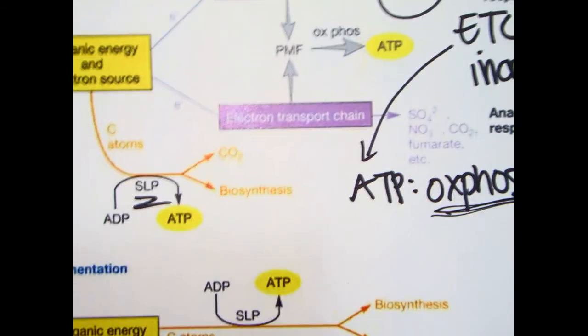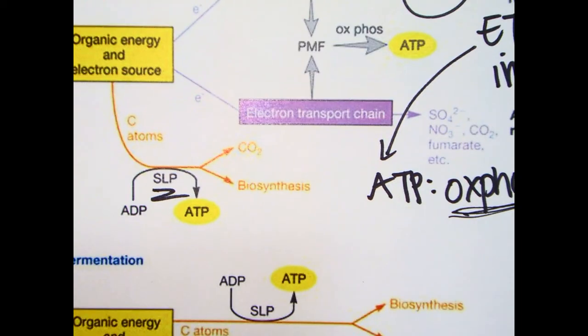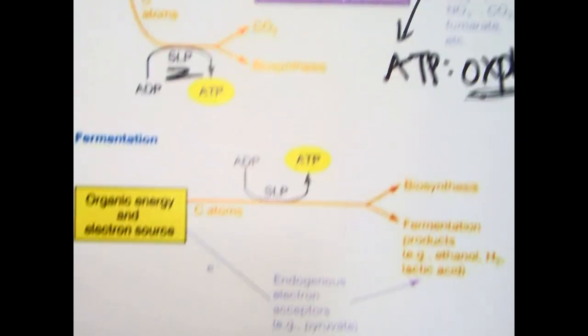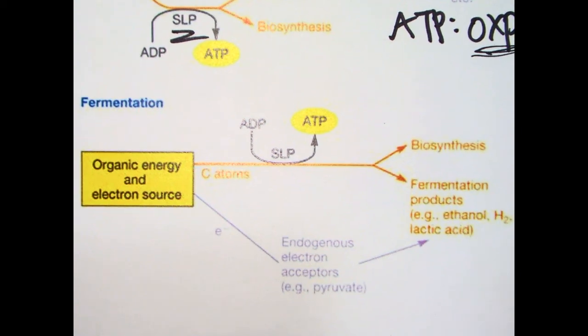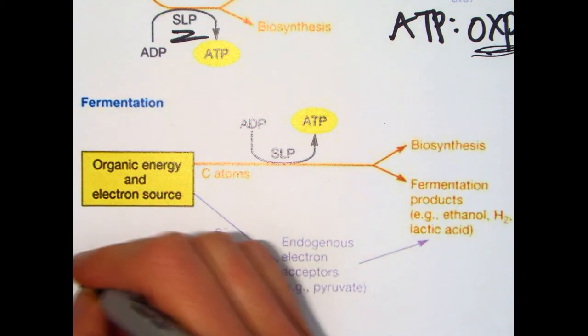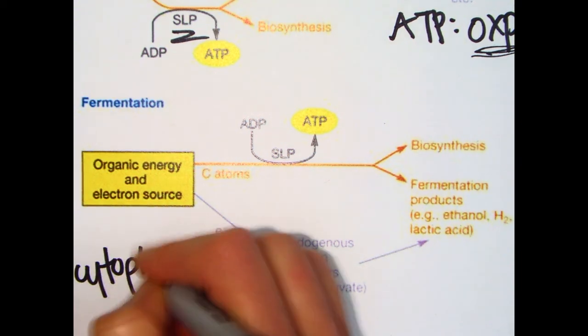Our other option as bacteria, if you pretend that you're a bacterium, for getting energy and electrons out of organic compounds is fermentation. So fermentation is distinguished from either of the respiratory processes because it only happens in the cytoplasm.